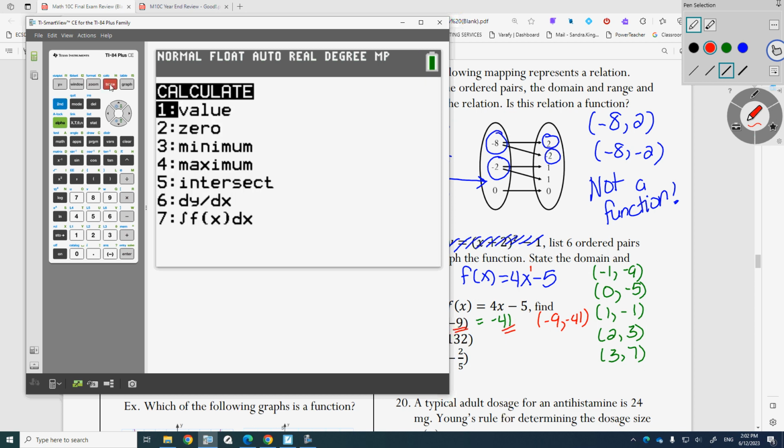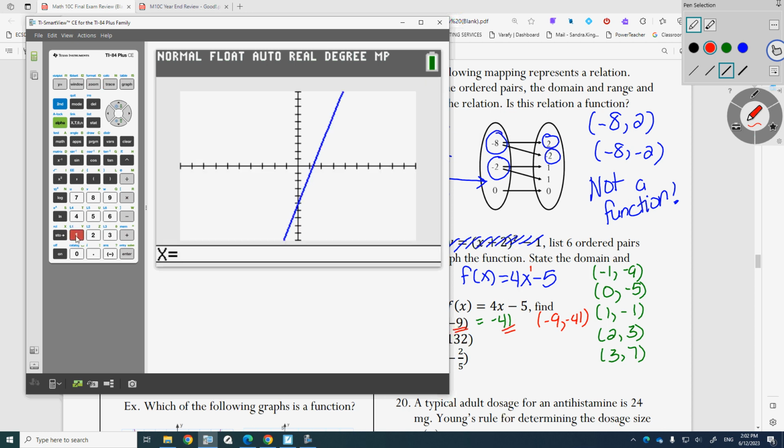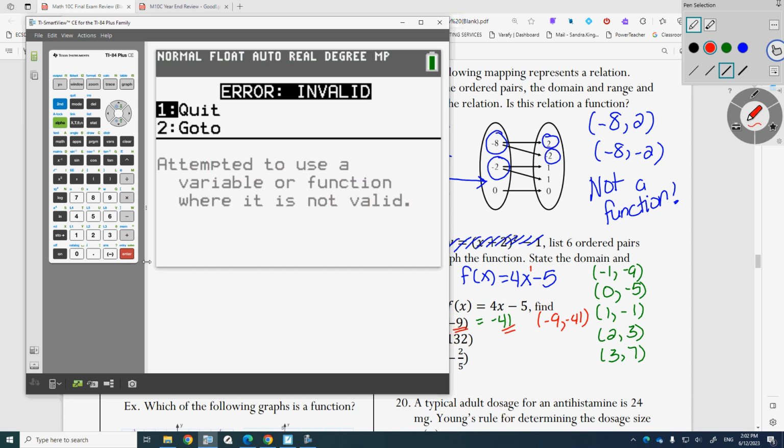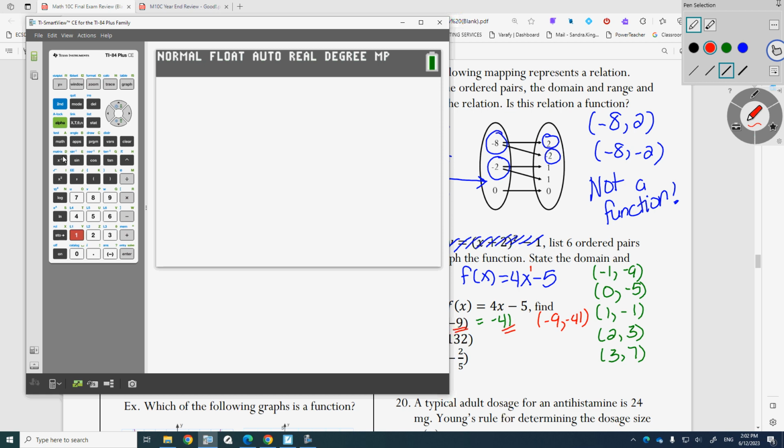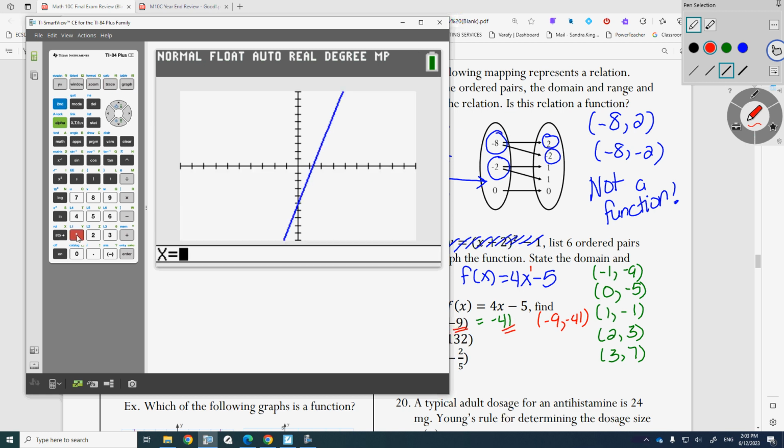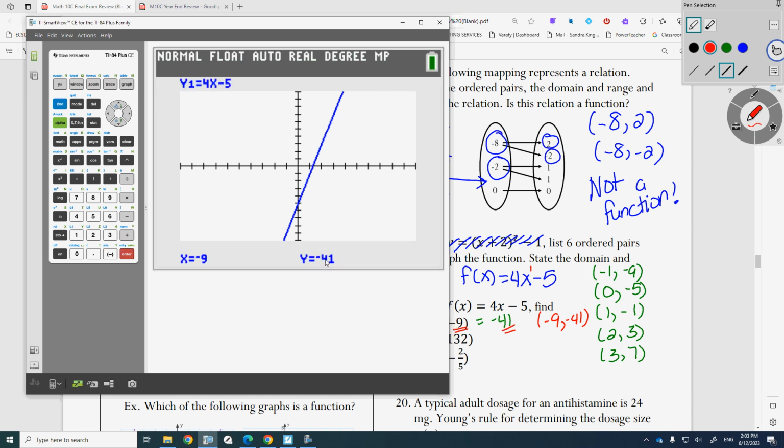Second calculate, type number 1 for value. You could type in any x value. Actually, I wonder if it will work if it's off my graph. Let me see, 132. No, it won't, because I've got to extend my window. Sorry, what I was going to show you, negative 9 would work. If I went to second calculate, value, negative 9, it would give me that negative 41. But right now my window is only a 10 by 10 window. That's why it's not showing that 132.